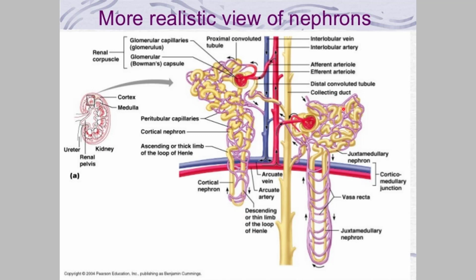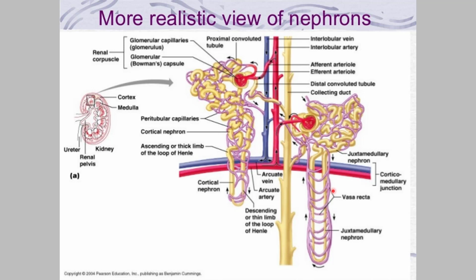But in a juxtamedullary nephron, the peritubular capillary surrounds the cortical portion of the nephron, but around the loop of Henle, there is a specialized capillary called a vasa recta. And here it kind of looks like a ladder. There is one branch of capillary going down one side, a branch of the capillary coming up the other side, and then pieces of the capillary crossing across. So that's the vasa recta.